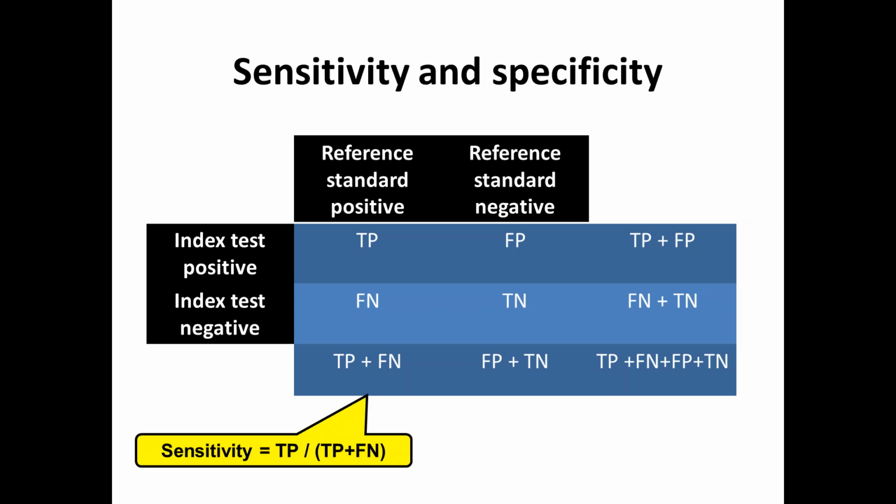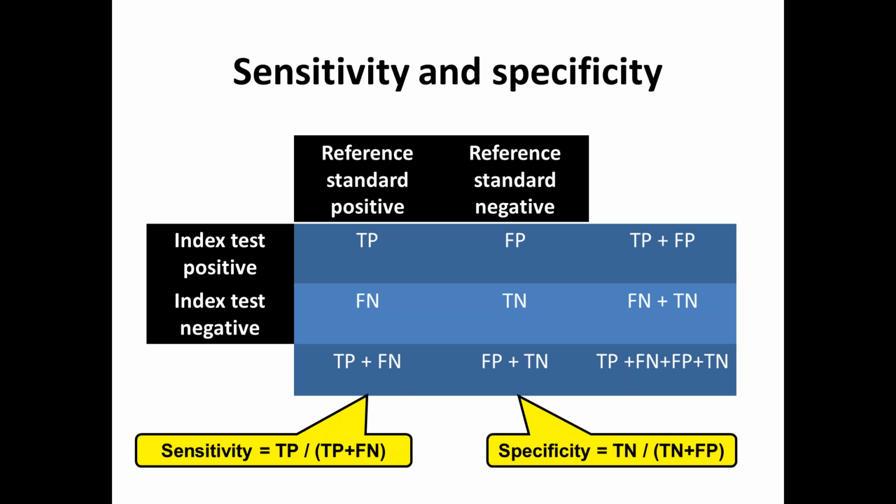Sensitivity is the proportion of those who have the target condition that the test correctly identifies, and specificity is the proportion of those who don't have the target condition that the test correctly identifies as not having it.